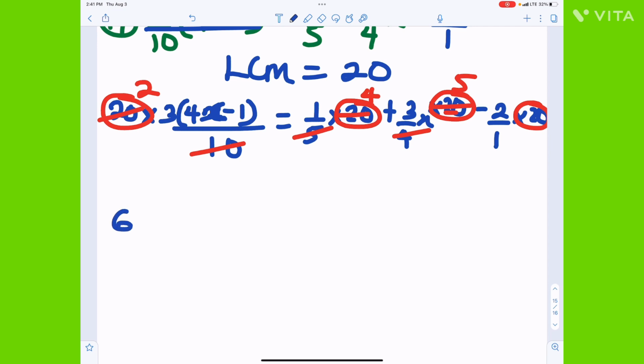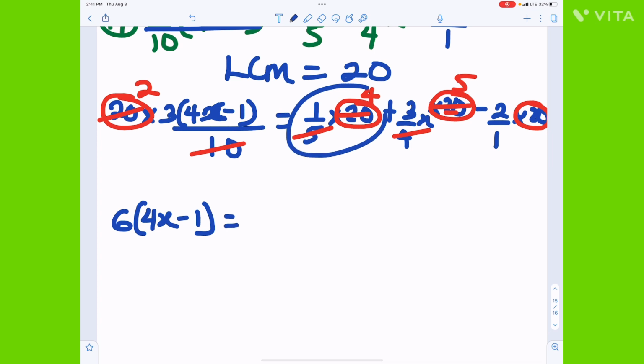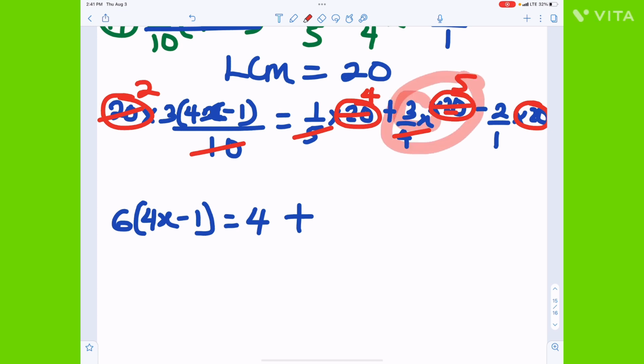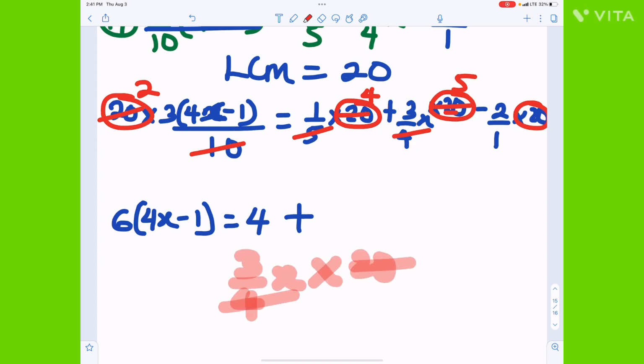So that's 6 times 4x minus 1 is equal to, here, 1 over 5 times 20 has given me 4. Plus, be careful here. Here also, 3 over 4x times 20 has left me with 3x times 5. So 3x, let me do that so that you can see. 3 over 4x times 20, 4 here 1, 4 here 5.